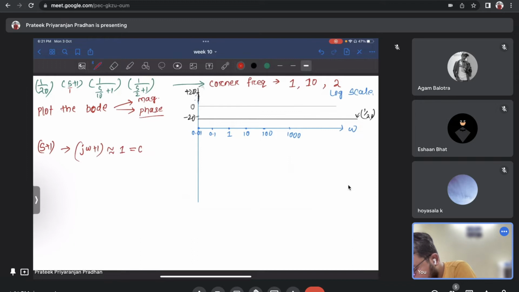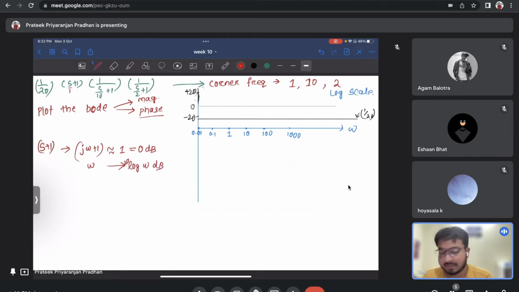But at high frequency, this will be omega, that is 20 log omega dB.